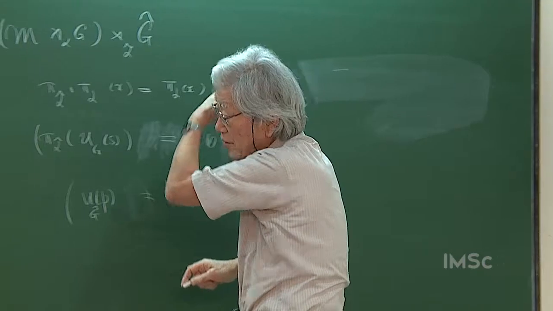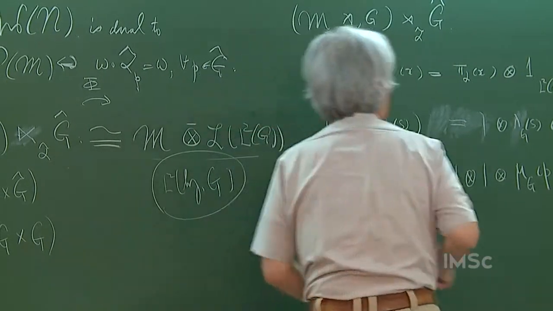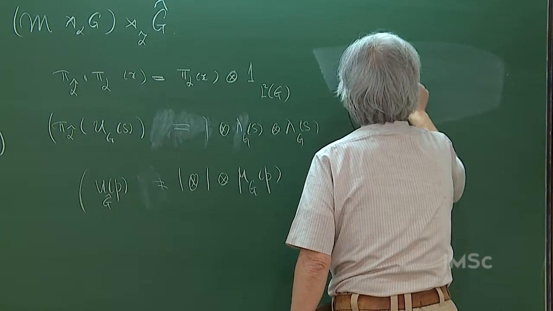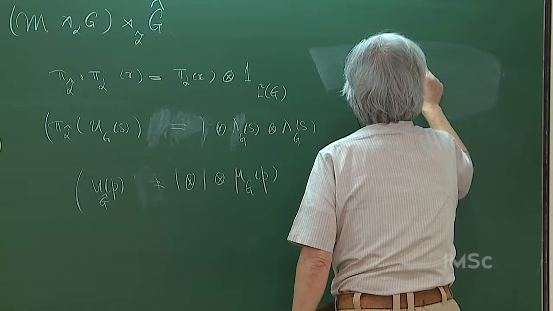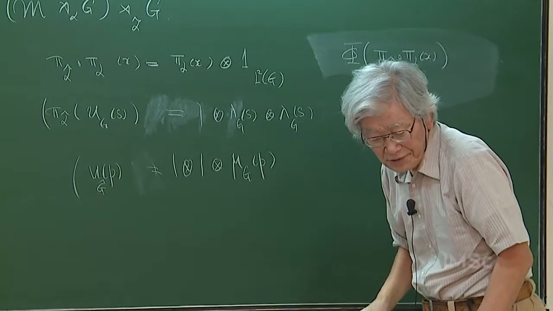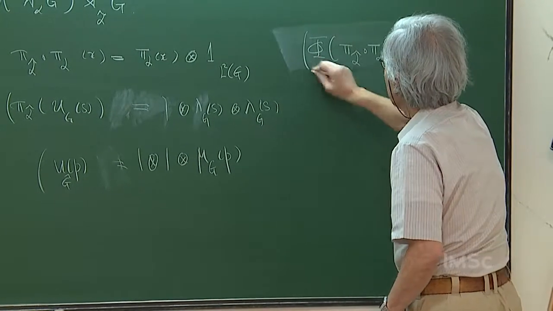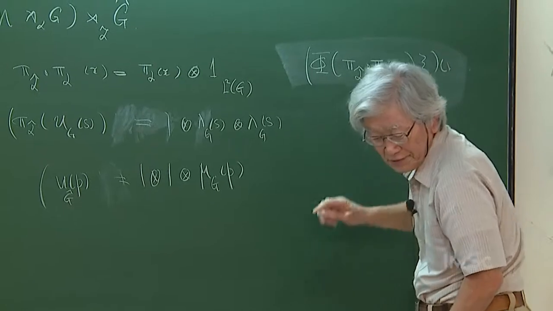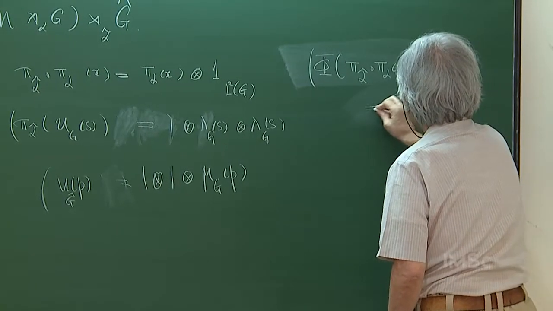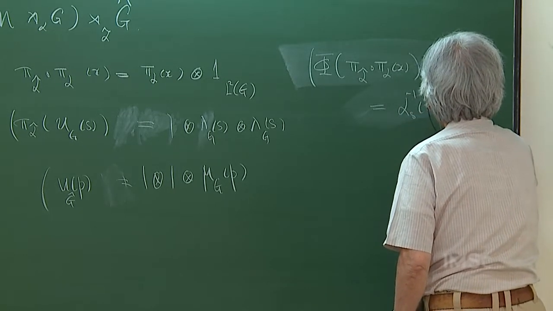The target space is this space. So phi of pi alpha hat of x applied to psi of s will be alpha s inverse of x psi of s.